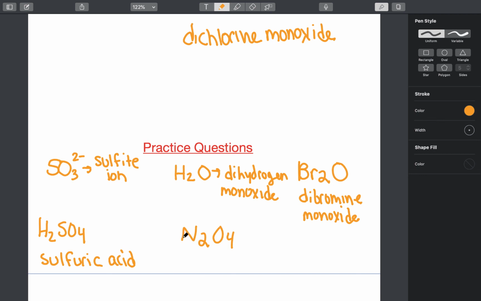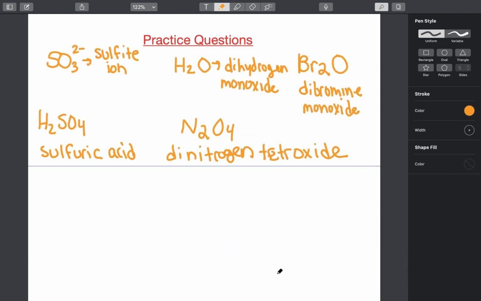Nitrogen is closest to the metal side, so this has to be written first. So you write dinitrogen. And you have 4 oxygen here, so it's the prefix tetra, but in this case you would say tetroxide. So dinitrogen tetroxide.